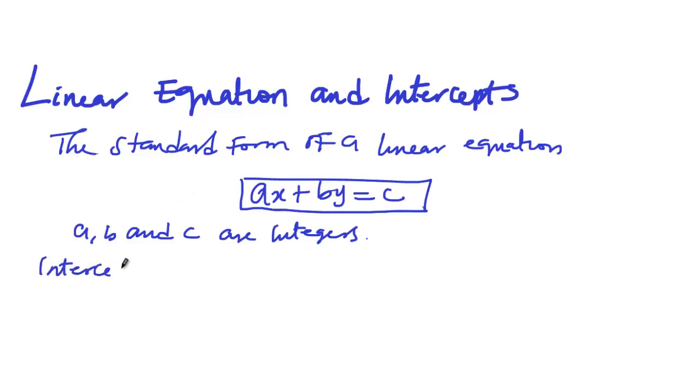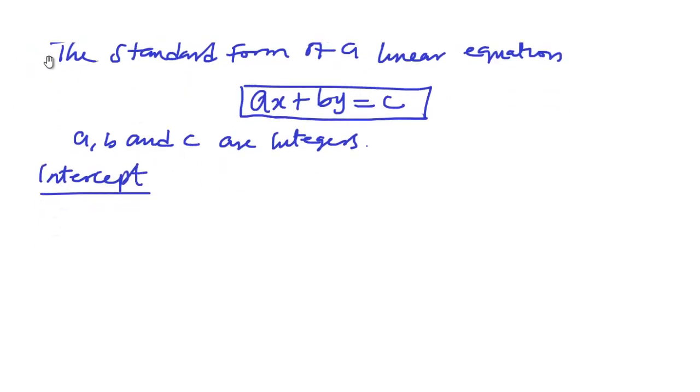When we're talking about intercept, from one of the videos I produced, it basically talks about the point of intersection of the line with either the x or y axis. How do I mean? For instance, if you have a graph that goes like this, what you have on this vertical axis is y, and what you have here is x.